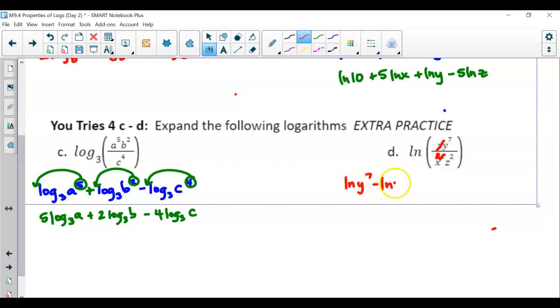So minus natural log of x squared minus the natural log of z squared. Again, to continue fully expanding, our powers now become and bring down as coefficients. So 7 times the natural log of y minus 2 times the natural log of x minus 2 times the natural log of z.